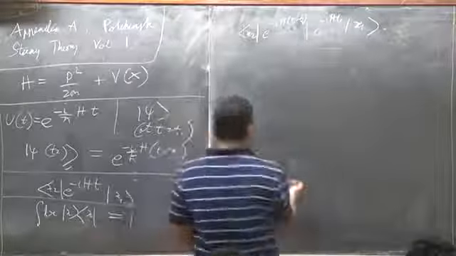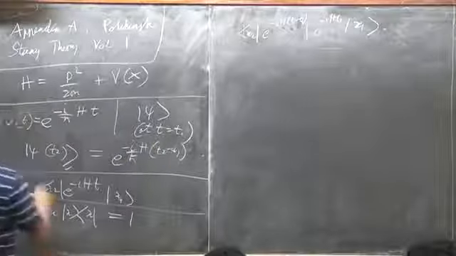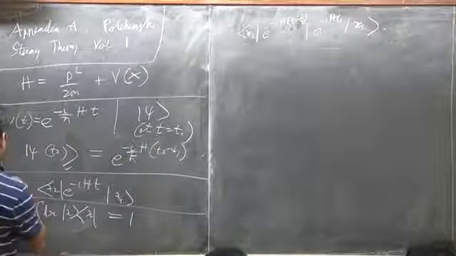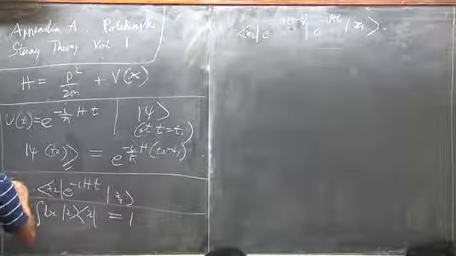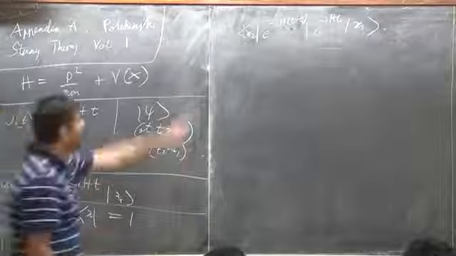Now, once I insert that identity, let's call this object G of x1 to x2 in time t.